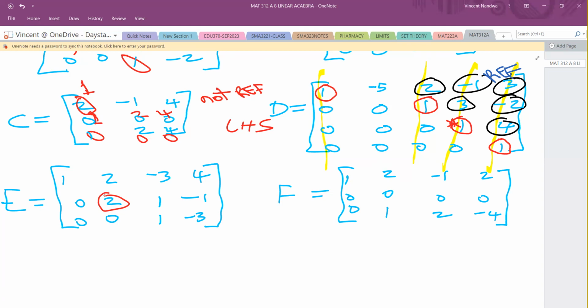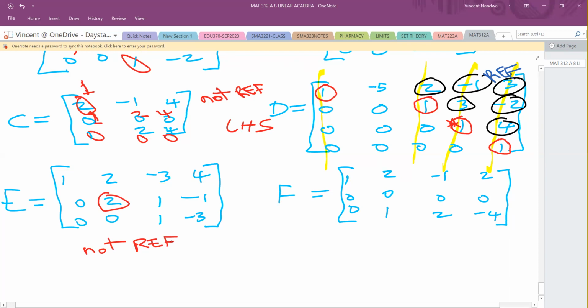So assuming this 2 was 1, will it be in row echelon form? Yes. Assuming we made it to be 1, it will be in row echelon form, okay? But in its form, the way it is, this is not.